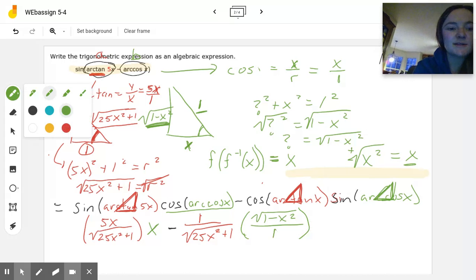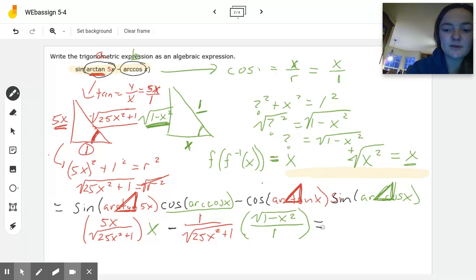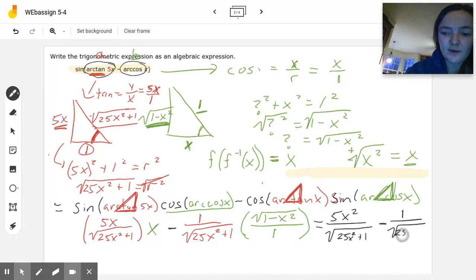So all we need to do is clean this up, and we are going to be so close to being done. If I clean this up, I'm going to get 5x squared all over the square root of 25x squared plus 1, minus 1 all over the square root of 25x squared plus 1. I hope you guys notice here we have the same denominator, and so I can combine the numerators.